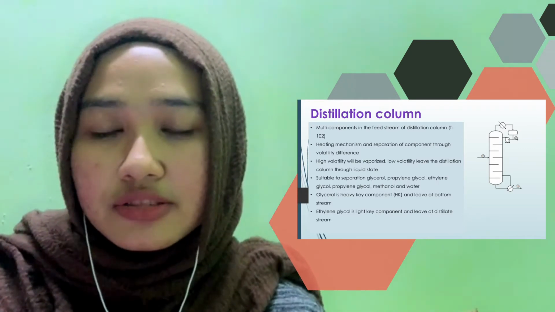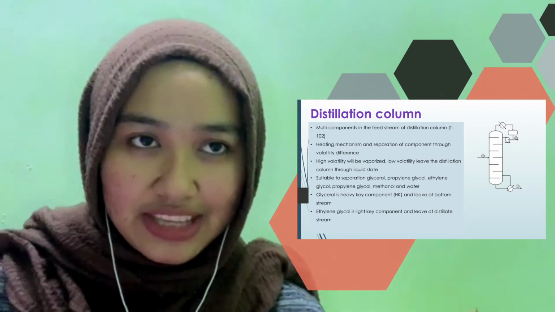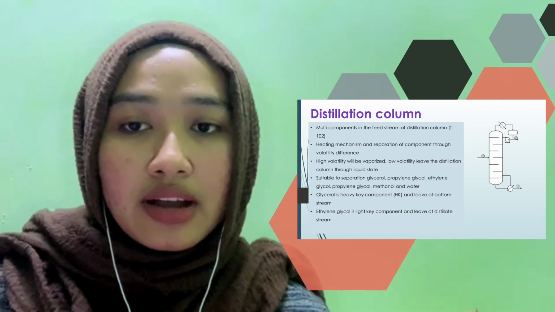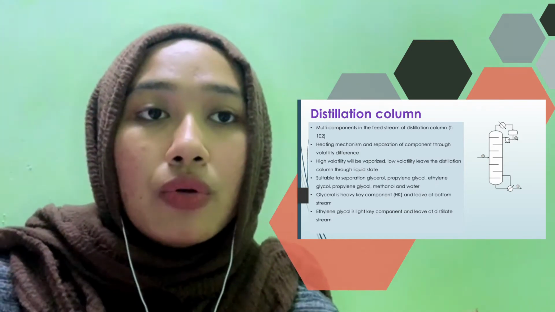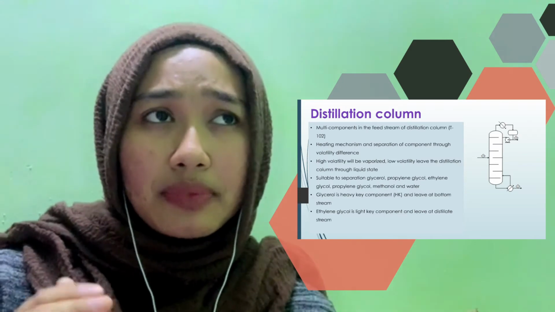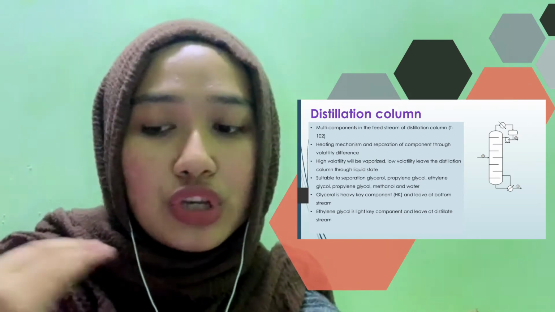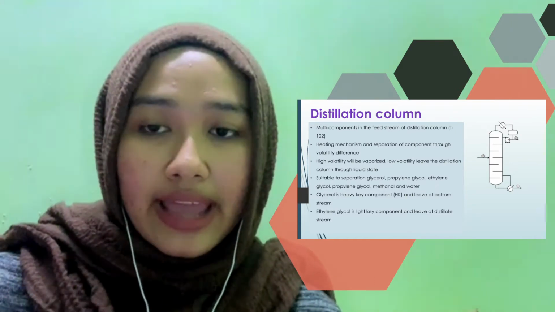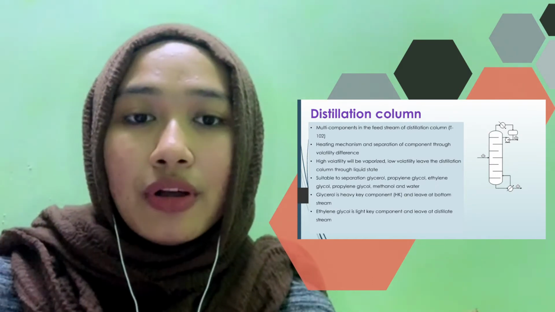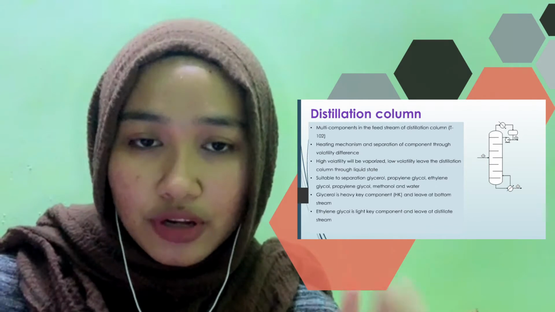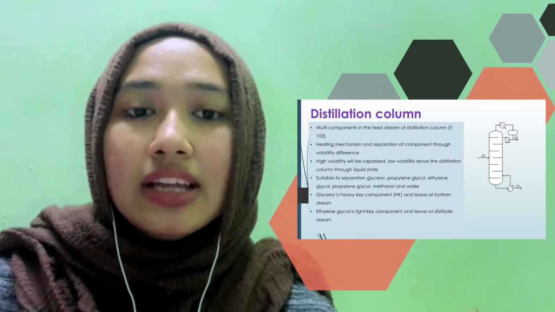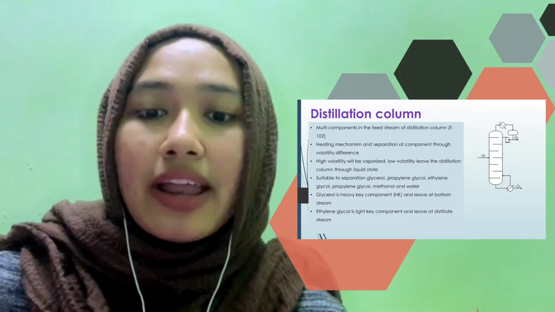So unreacted glycerol will become the heavy key, and ethylene glycol and propylene glycol will become the light key. To make the calculation easier, we choose ethylene glycol as our light key. That is how the process separation happens in distillation column number 2.